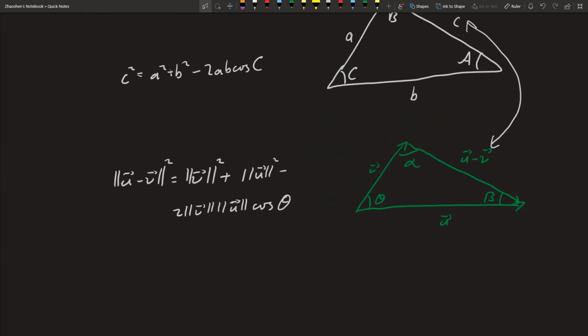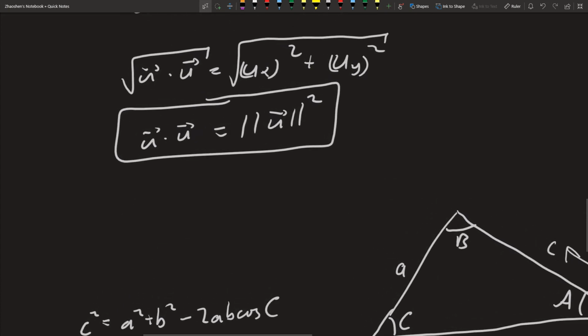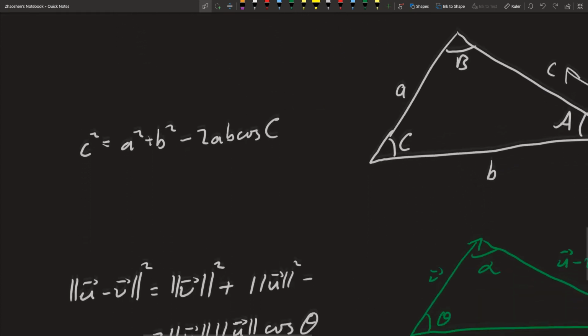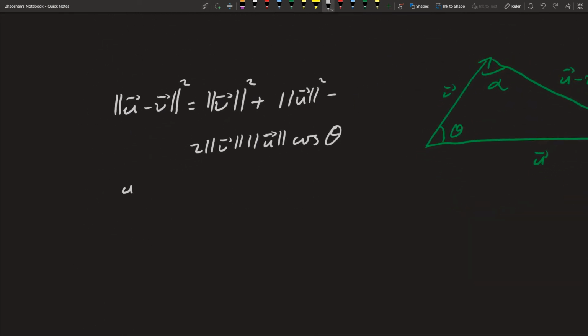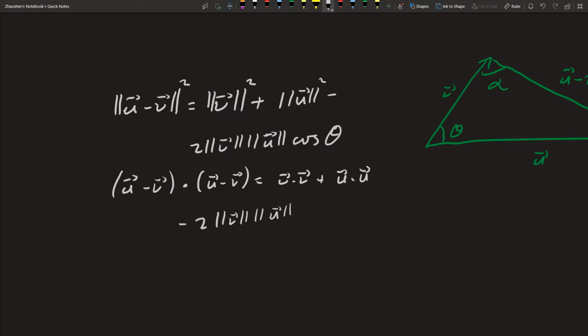Now, using the property that we had before, the magnitude of a vector squared is equal to the vector dot itself, right? This means that vector u minus vector v, all this dot itself, vector u minus vector v, is equal to vector v dot vector v plus vector u dot vector u minus 2 magnitude of v magnitude of u cosine theta, right?